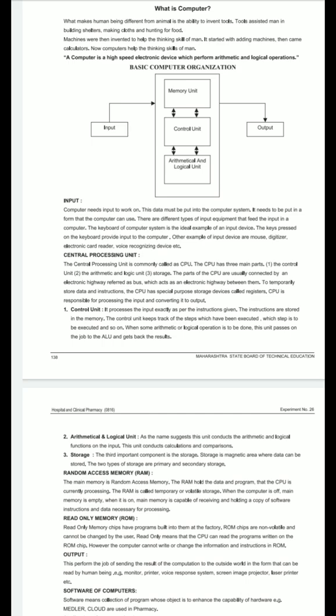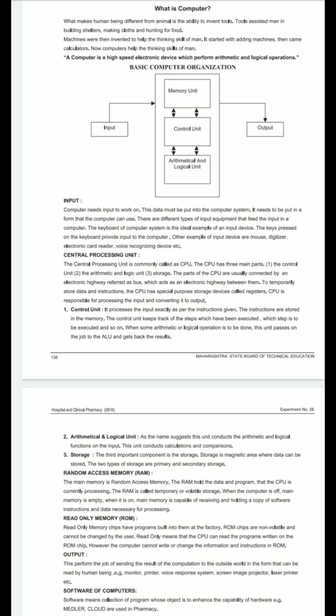The instructions are stored in the memory. The control unit keeps track of the steps which have been executed, which step is to be executed, and so on. When some arithmetic or logical operation is to be done, this unit passes the job to the ALU and gets back the results.